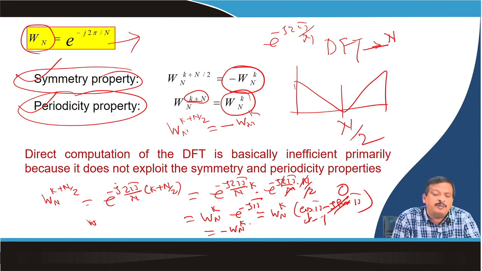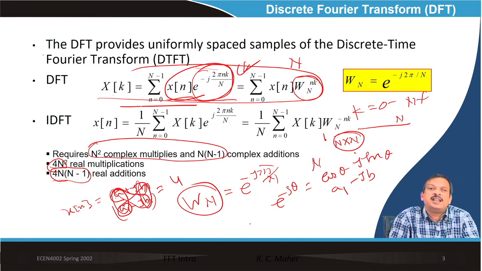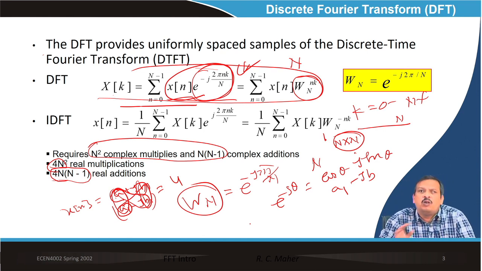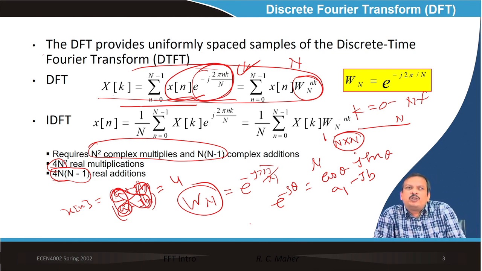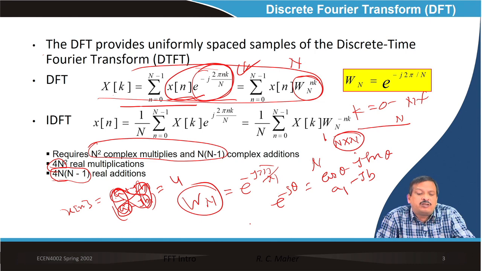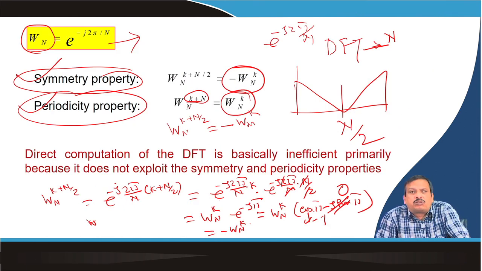So while I am computing the DFT for k equal to 0 to n minus 1, I know that there is a symmetry and there is a periodicity property. So can I exploit these two properties to reduce the computational complexity of the discrete Fourier transform?